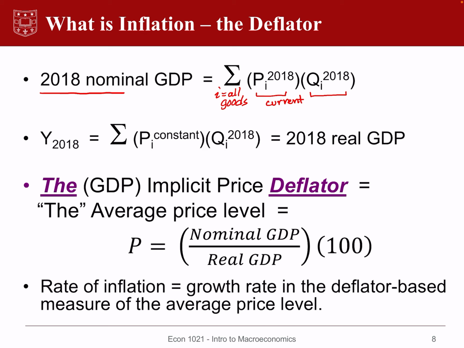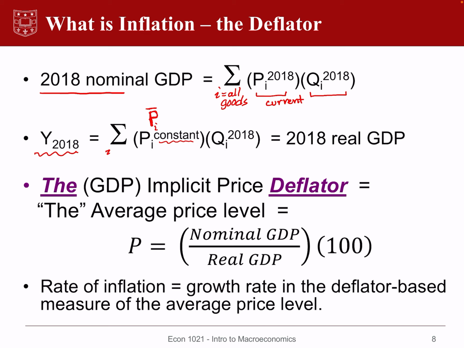For real GDP, again, the notation that we're going to see starting to crop up in the textbook is the letter Y. And what we're doing is we're using, rather than current prices, these constant prices, an average price. Perhaps this notation is more similar to what's in the textbook.